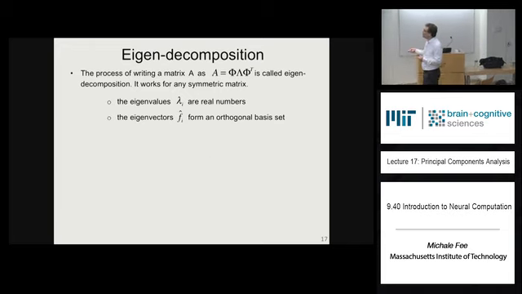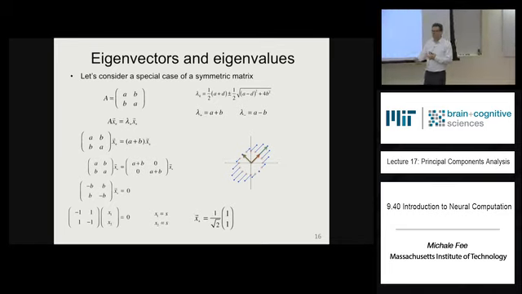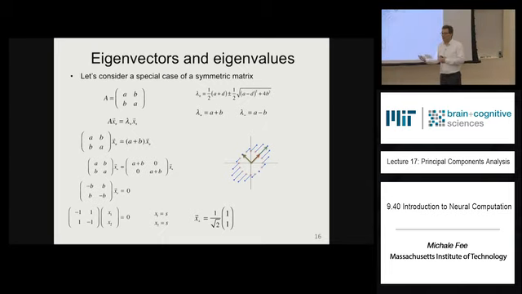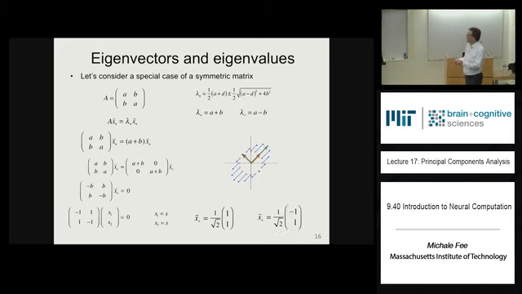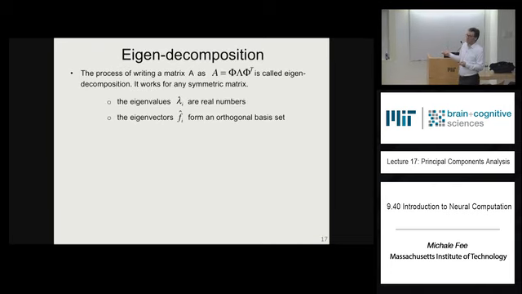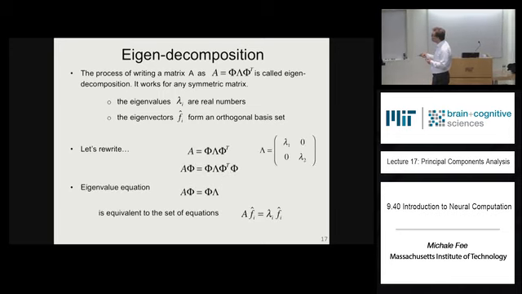You don't have to go through all of this stuff with the characteristic equation and solve for the eigenvalues and then plug them in here and solve for the eigenvectors. You can do that if you really want to, but most people don't, because in 2 dimensions you can do it, but in higher dimensions it's very hard or impossible.